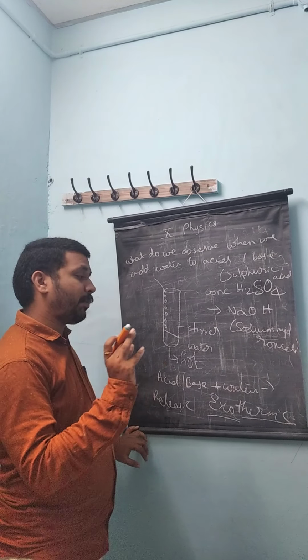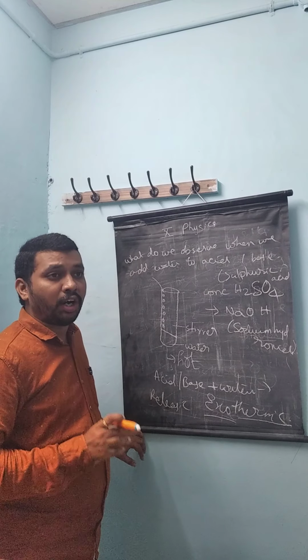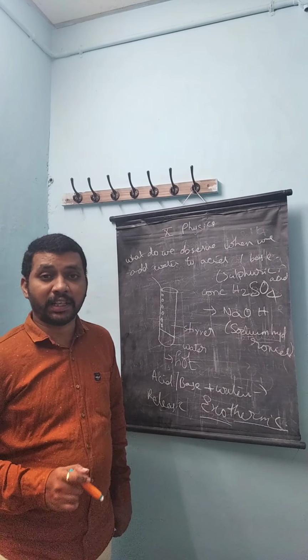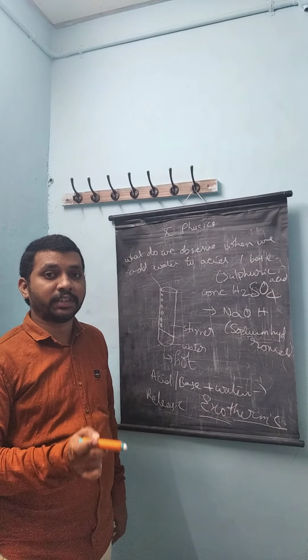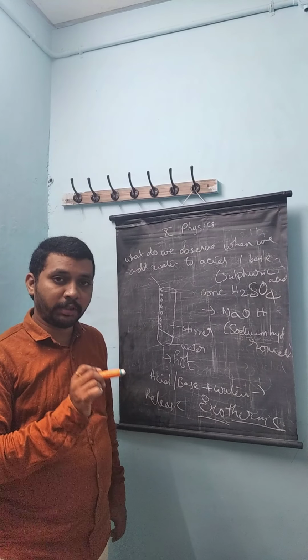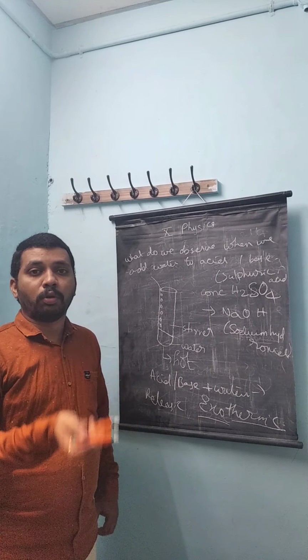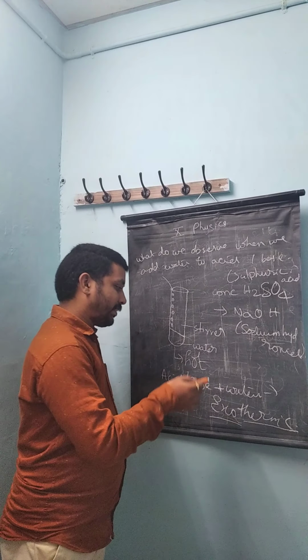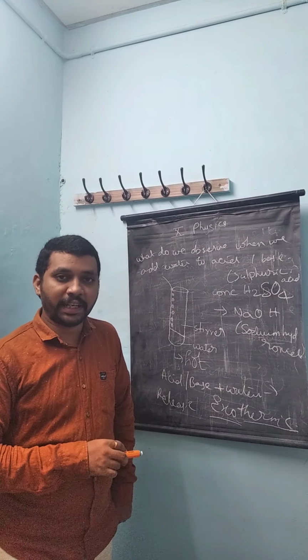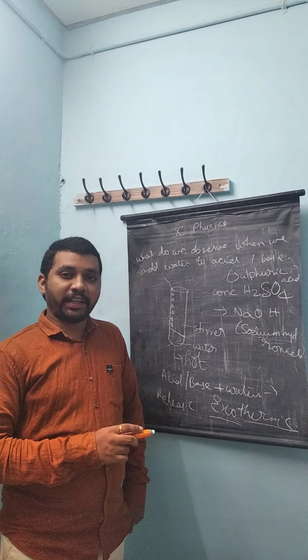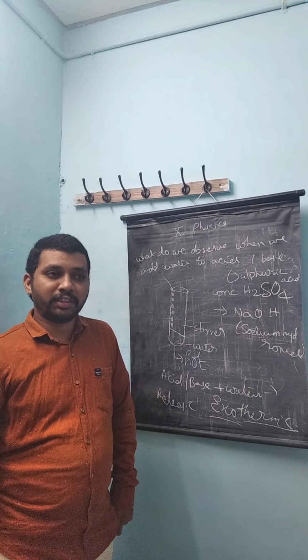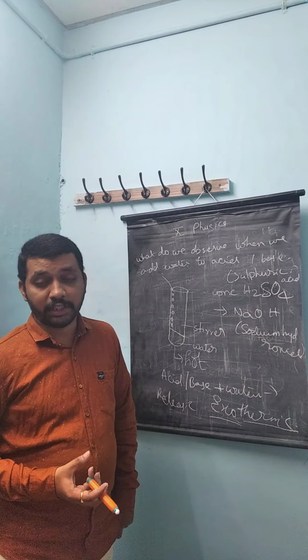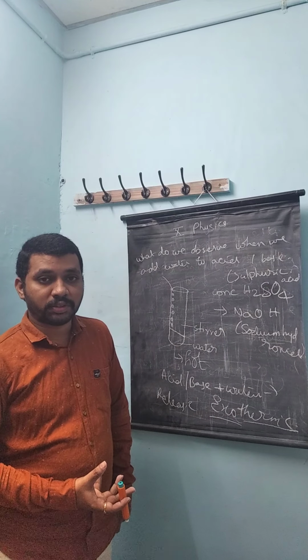And there might be a question: why do we always add acid or base slowly into the water, and not water directly to acid or base? Because, as we said, it is an exothermic reaction. When we add water directly to acid or base, there might be a chance of explosion.